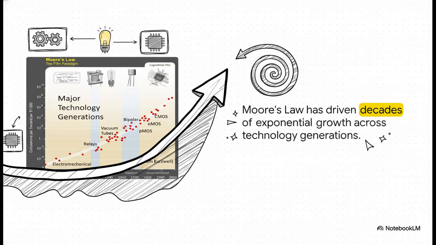And that unstoppable progress is best shown right here, in this famous chart showing Moore's law. That straight line climbing upwards, that's on what's called a logarithmic scale, which basically means it represents pure exponential growth. It shows how we've jumped from one technology generation to the next, from relays to vacuum tubes to transistors to integrated circuits, all while riding this incredible wave.